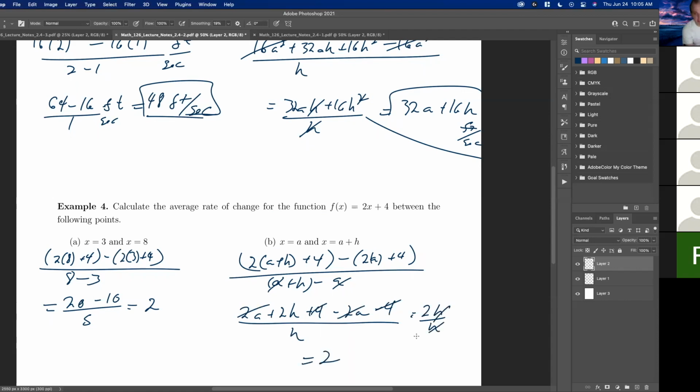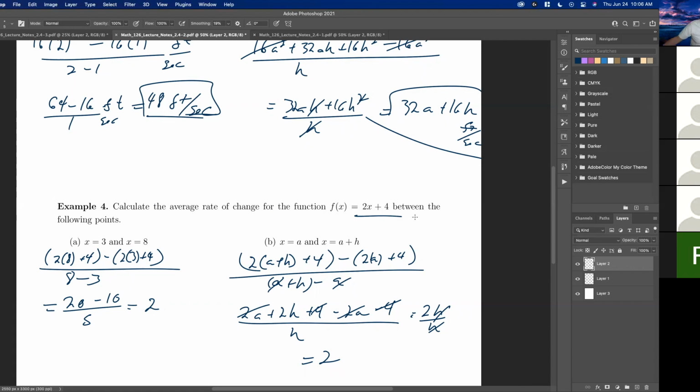Now, does that make a whole lot of sense? And it should. This is linear, a line. The average rate of change of a line is the slope, and the slope of this line is 2. So it doesn't matter if I go from 3 to 8 or from A to A plus H, it's always going to be 2.